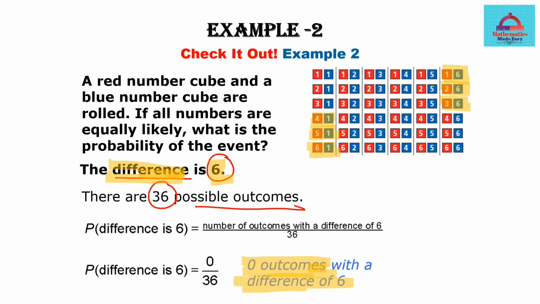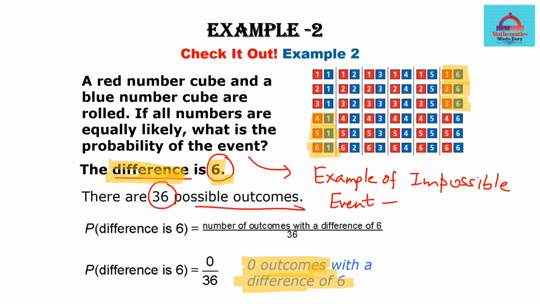So in this particular example, you have got an example of an impossible event, because when you conduct this experiment, you will have no possibilities where the difference is 6. So this is an example of an impossible event where the probability of happening is 0.